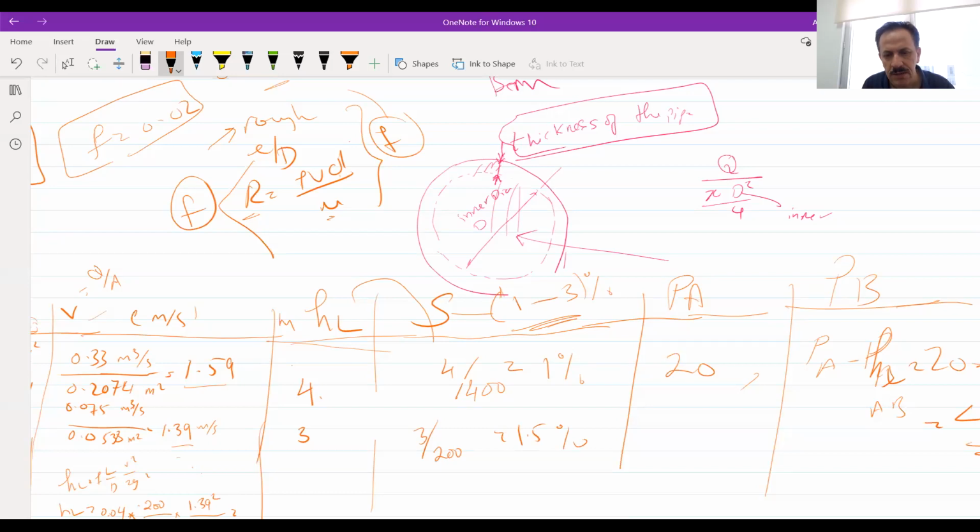The pressure at B bar is equal to 16 minus 3, which is 13 meters.